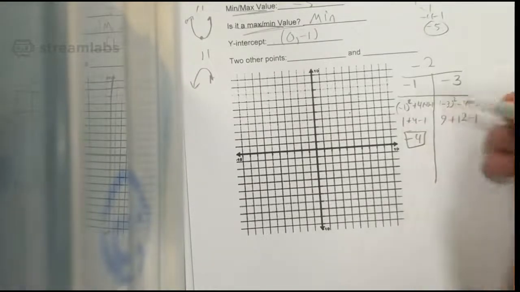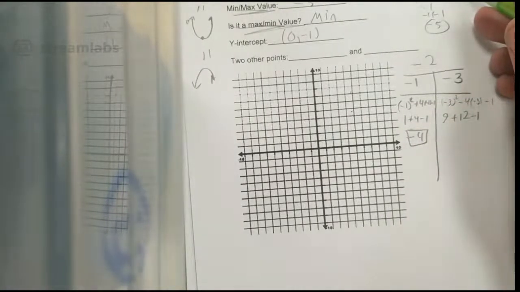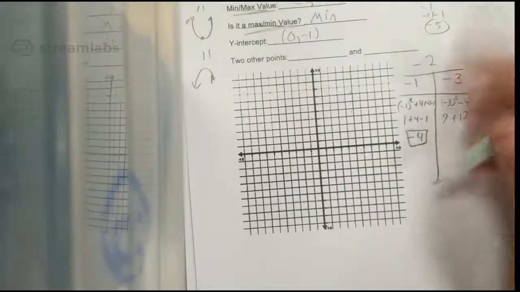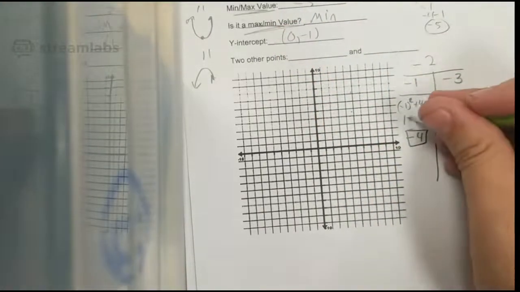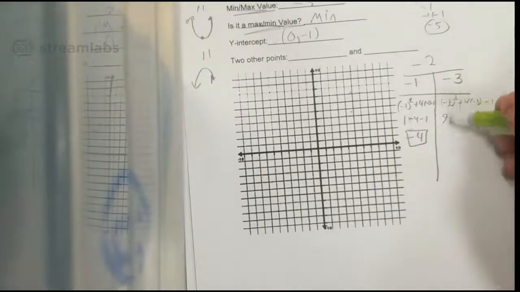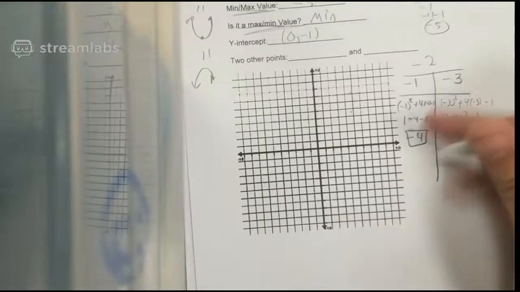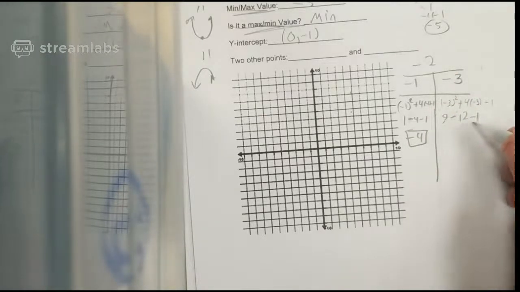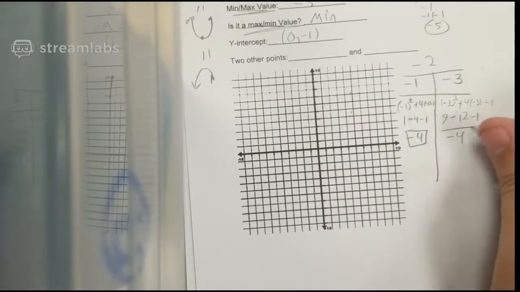Oh my god, it's negative. Have I been messing this up the whole time? No, it's plus 4. So it's minus 4. Yeah, right. So it's minus 4 here, but this is plus 4. So then this should be minus 12. Okay. So 9 minus 12 is negative 3. Negative 3 minus 1 is negative 4.